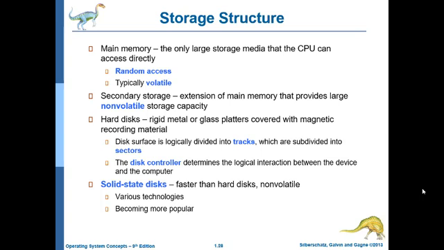Tape drives are sequential access, and floppy drives take some time to go to the track and then read it. Similarly, in a hard disk, it takes some time to move the part which is reading the sector of the hard disk. So it is not random; it takes time to read something on the hard disk. I repeat, main memory is random access.